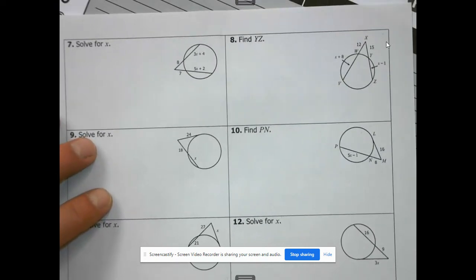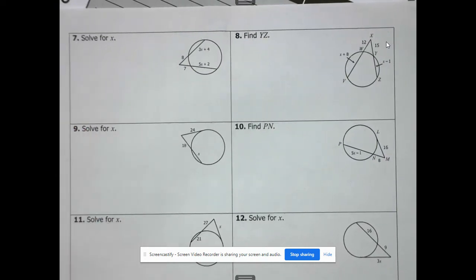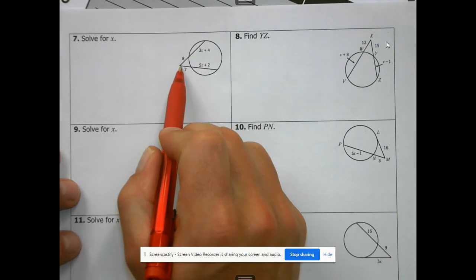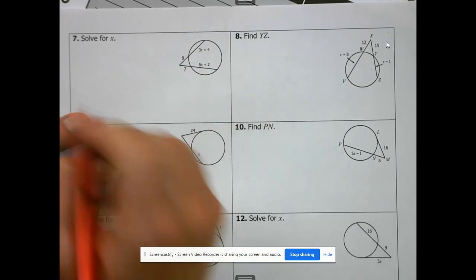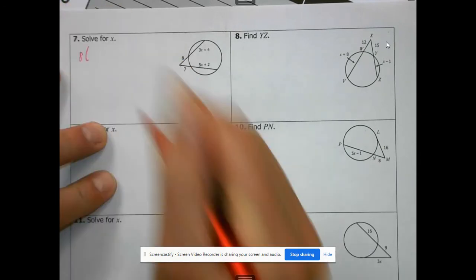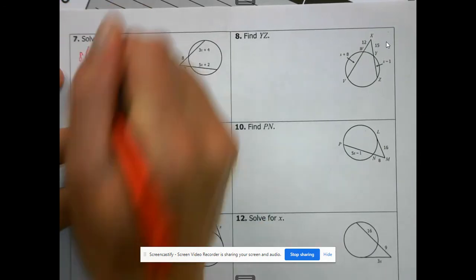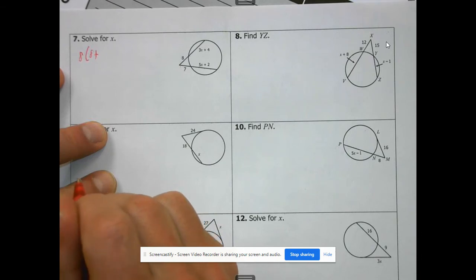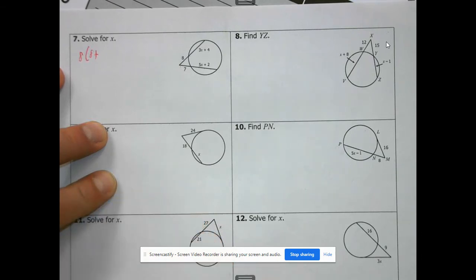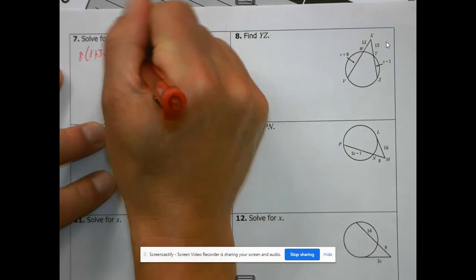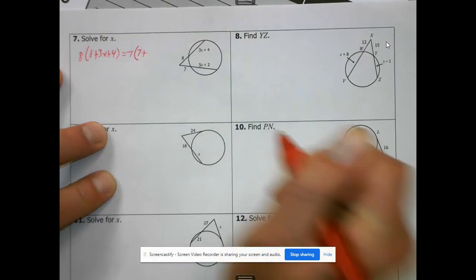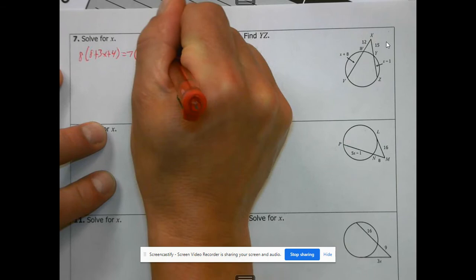Back to page 7, same thing. We just have two secants intersecting on the outside, so this times both added up, 7 times that stuff added up. So 8 times 8 plus 3x plus 4, sorry, lost my spot, equals 7 times 7 plus 5x plus 2.